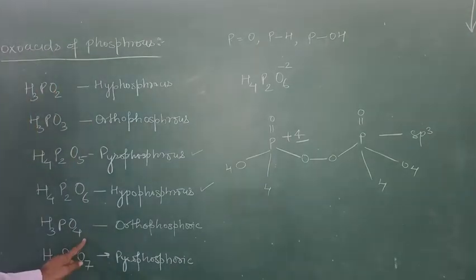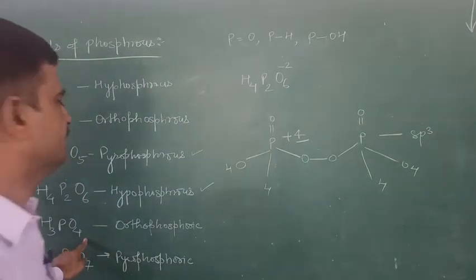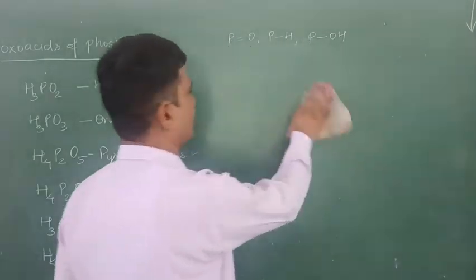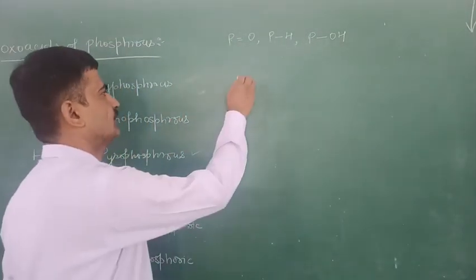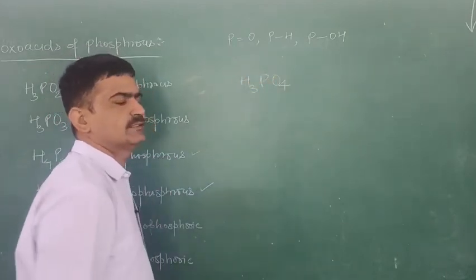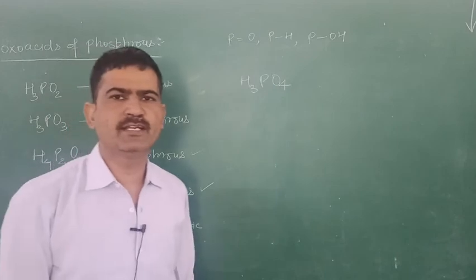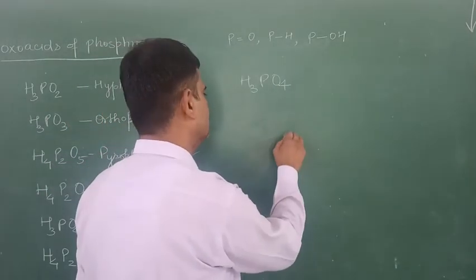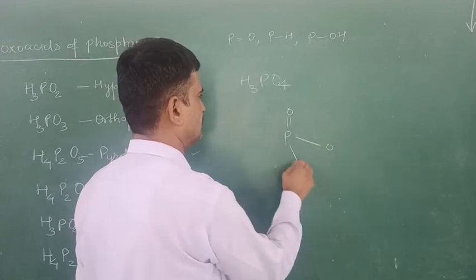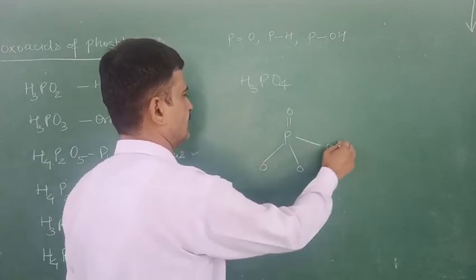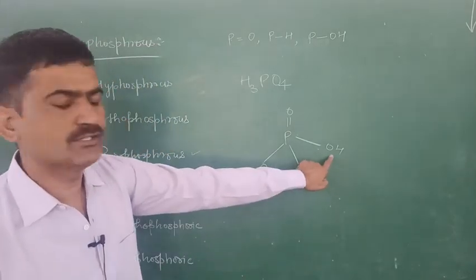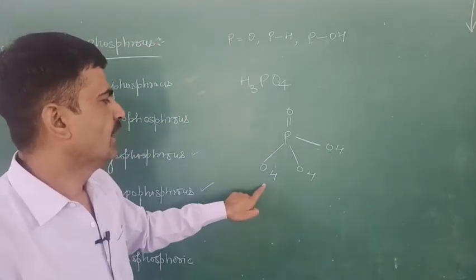After this we will discuss orthophosphoric acid, H3PO4, commonly known as phosphoric acid. This is a tribasic acid because it has 3 displaceable hydrogens.